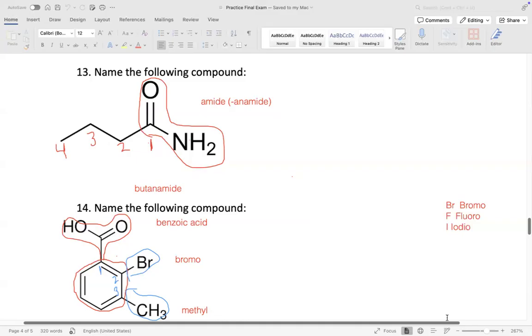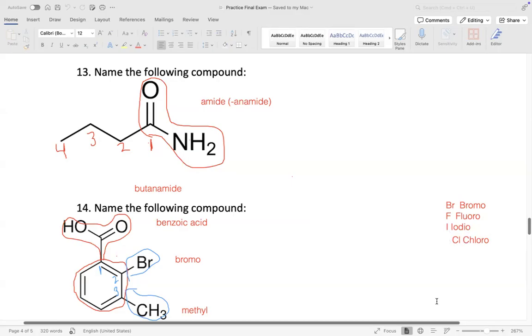But that's how you name single elements. And usually you really only see, oh, another one, sorry, I lied. Chlorine as well, chloro. I'm pretty sure on your test it is bromo and fluoro. I think that's all you have to worry about.